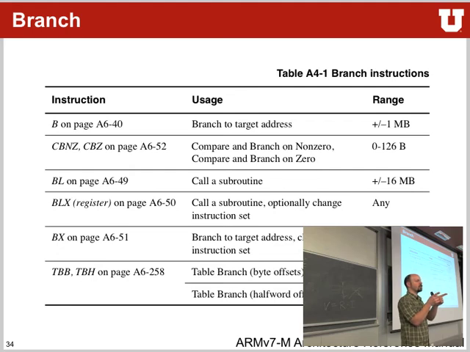It has to all fit in 32 bits. Yes. BLX uses a register, goes and reads the value of the register and jumps to that location, while BL is directly encoded in the instruction itself and doesn't need a register. So that way you can jump up to 16 megabytes, but not more.